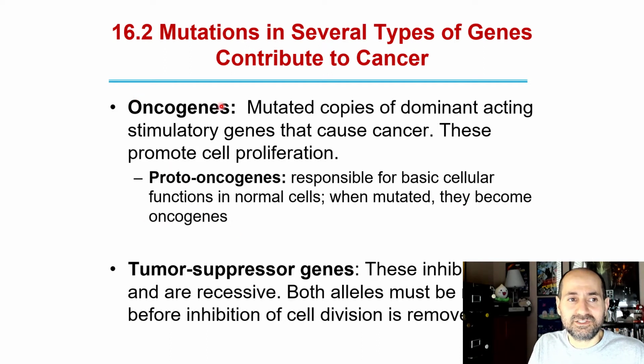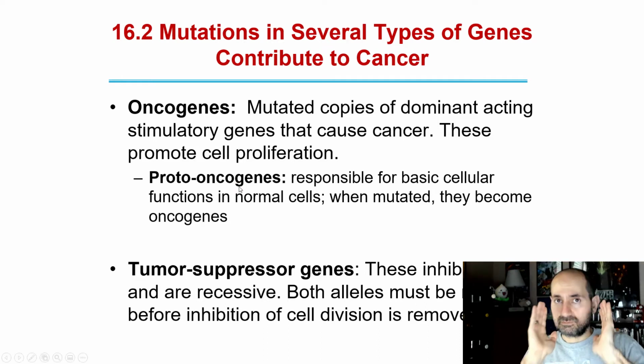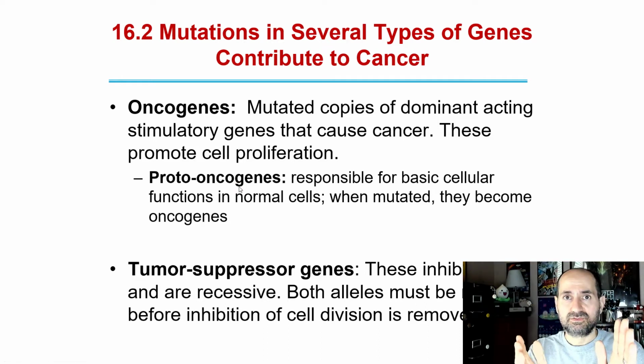What is an oncogene? A mutated proto-oncogene, a mutated copy of a dominant-acting stimulatory gene that causes cancer. So think of it as a mutated proto-oncogene. These promote cell proliferation. Did you follow me? I know it's tough, but proto-oncogenes are your normal wild-type genes.